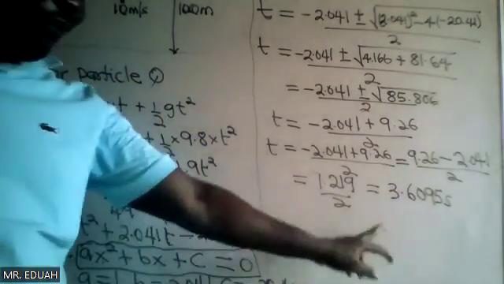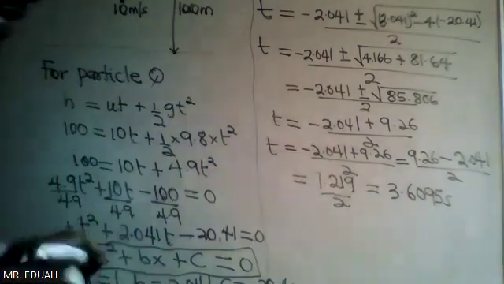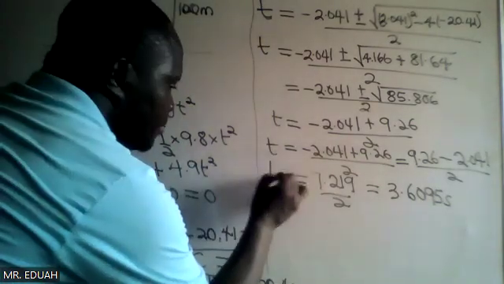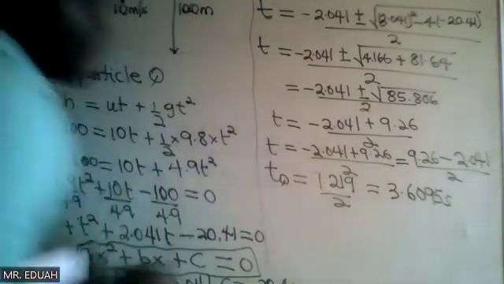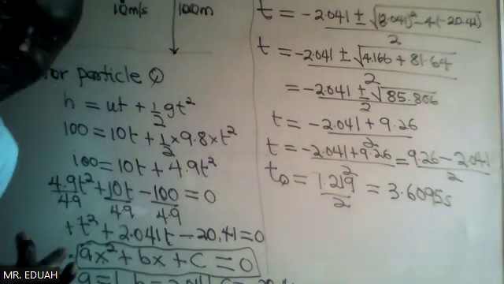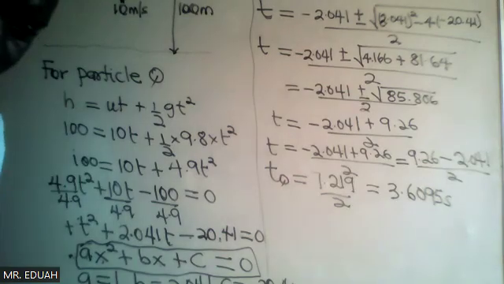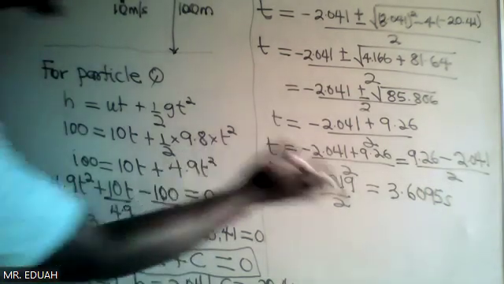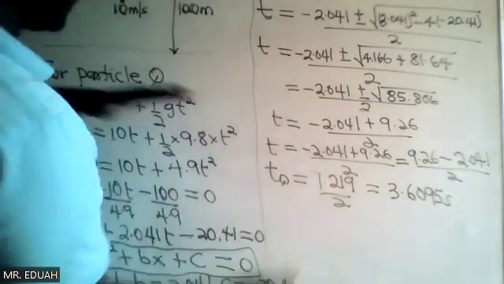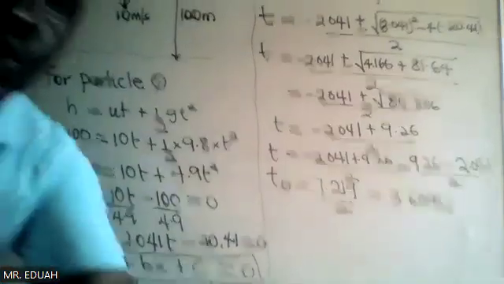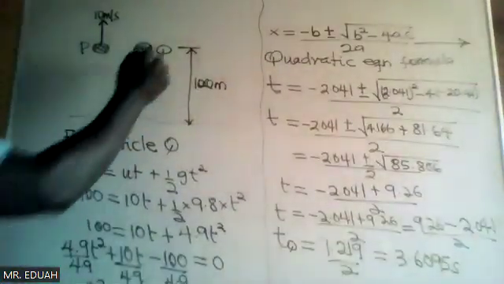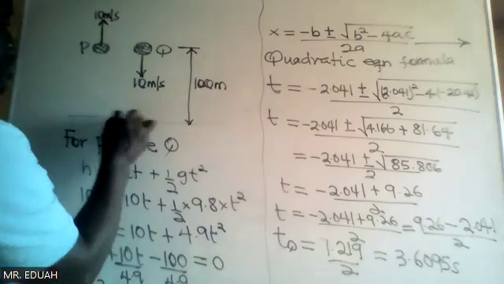So we have the time for Q, T_Q. Physics will open your mathematical ears as well, so it's good we are also doing this. This is T_Q, the time taken for Q to land on the floor.